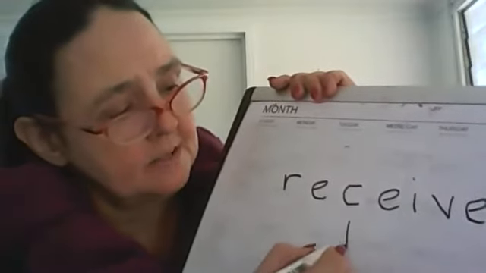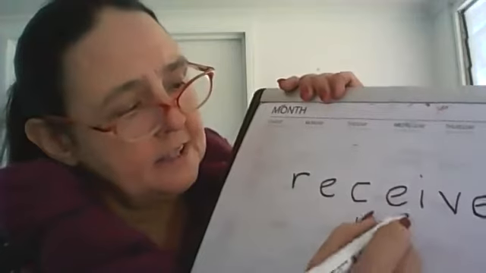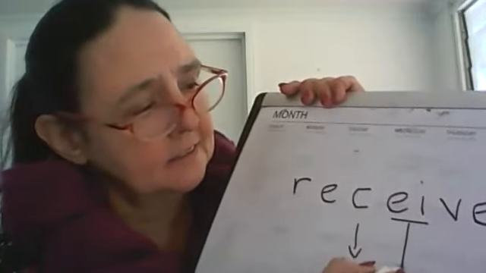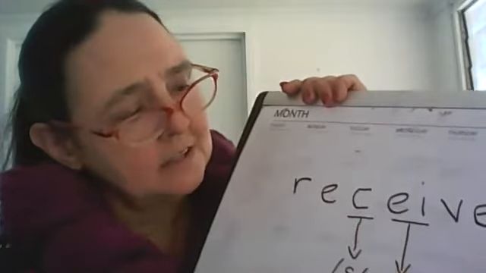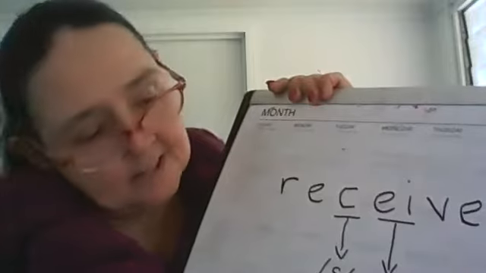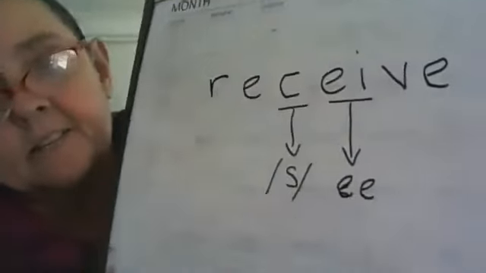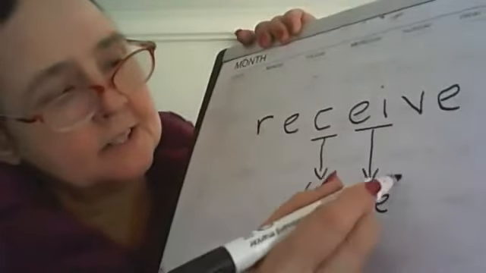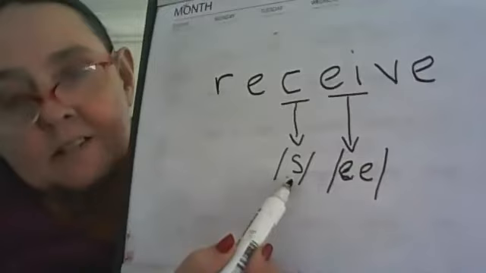So C is representing the S sound, and the EI together is representing the E sound, and let's put the sound marks on there. So you see this means not the S, but it's a sound.